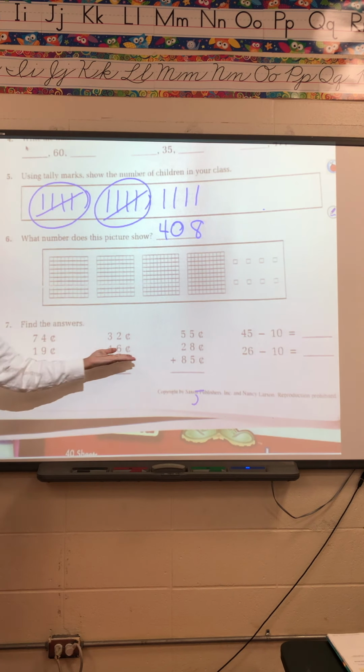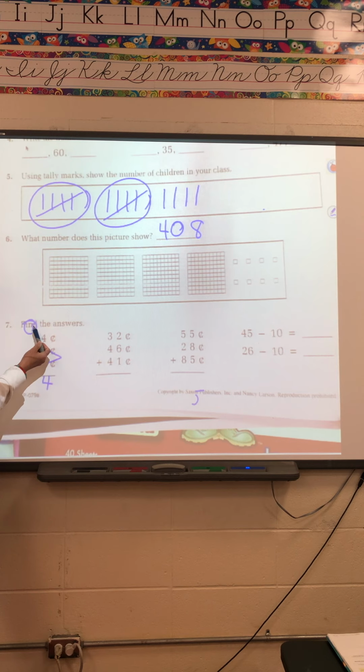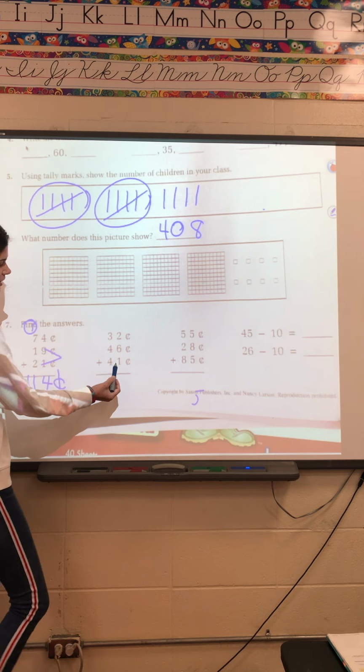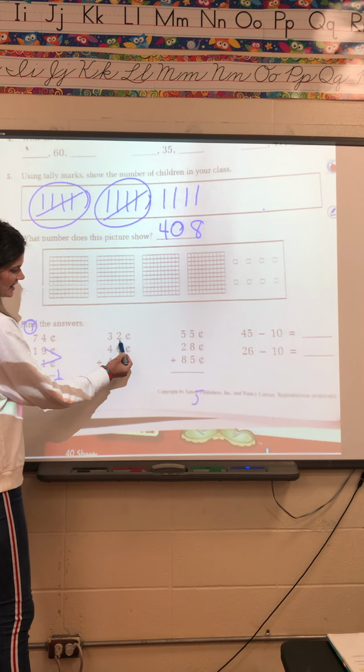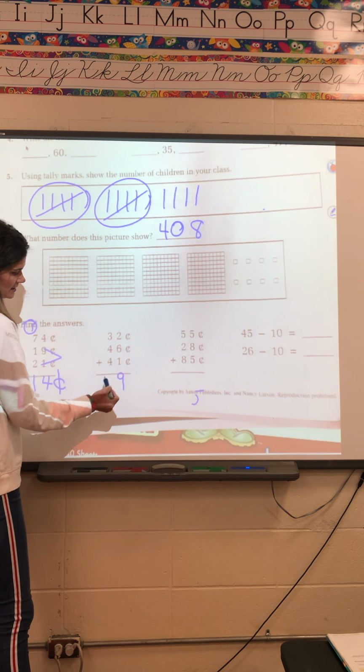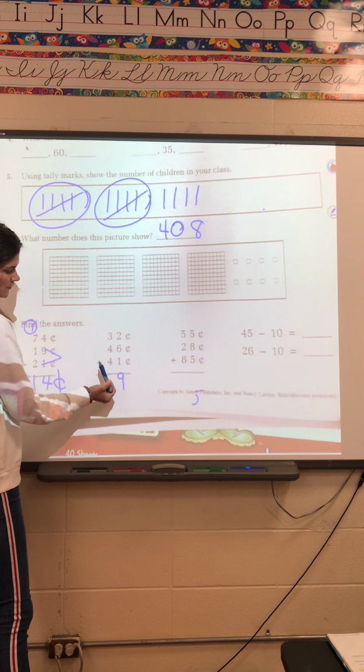All right, and then I want you to add these. You know how to do this. 9 and 1 is 10, and 10 and 4 is 14. Carry your 1. 7 and 1 is 8, plus 1 more is 9, 10, 11. So you should have 114 cents. Don't forget your cent sign. Here, 6, 7, 8, 9. Nothing to carry. 4 and 4 is 8.